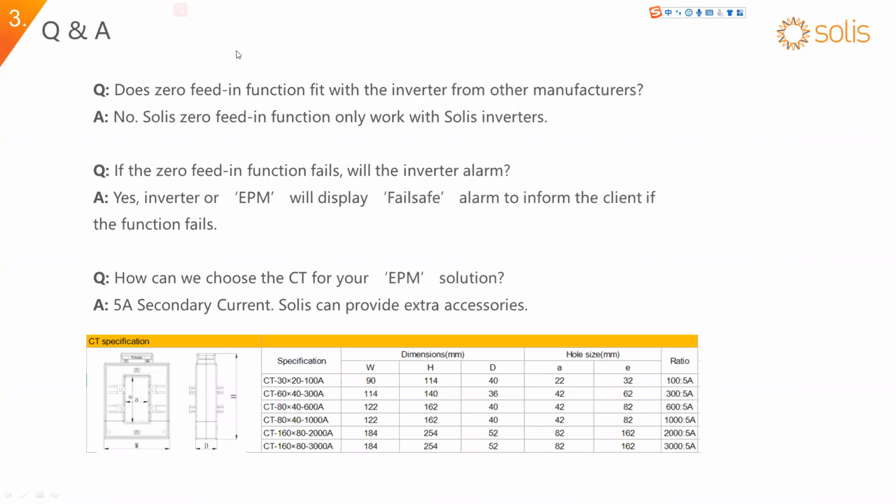But if you are only talking about 300 meters between the 80K and the EPM 5G, that will be fine because the RS-485 communication can support up to maximum should be 800 meters. So if you use a two-core twisted shielded cable to do the RS-485 communication between the inverter and the EPM, then you can do up to 800 meters, theoretically. So in practical, maybe 600 meters is fine.